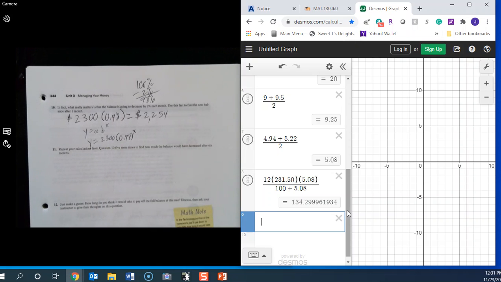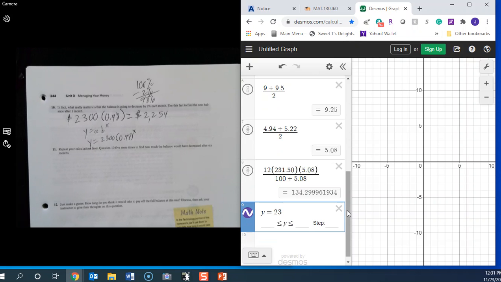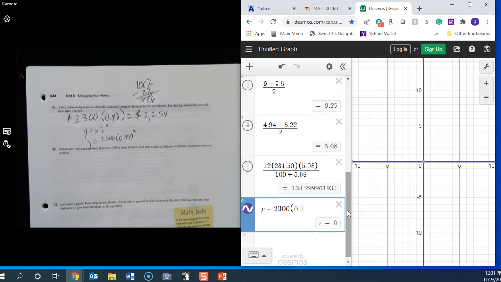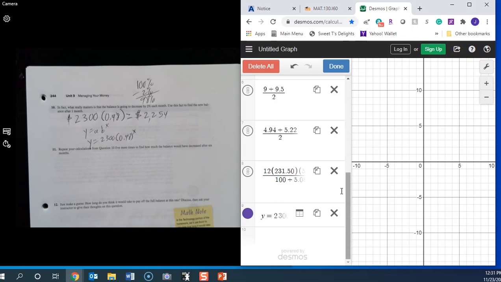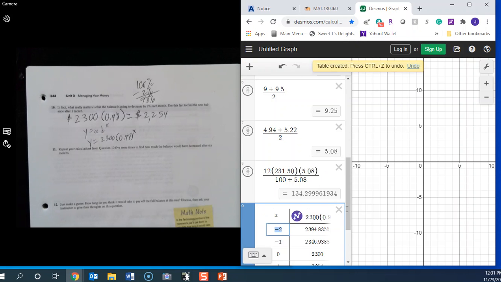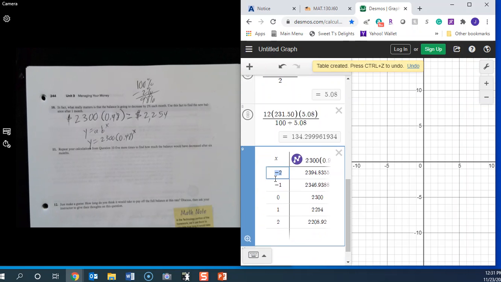So what we're going to do is put this into our calculator. Y equals 2300, parentheses 0.98, and we're going to take this to the x power. We're going to hit this wheel here, hit the table, and then type out the months.